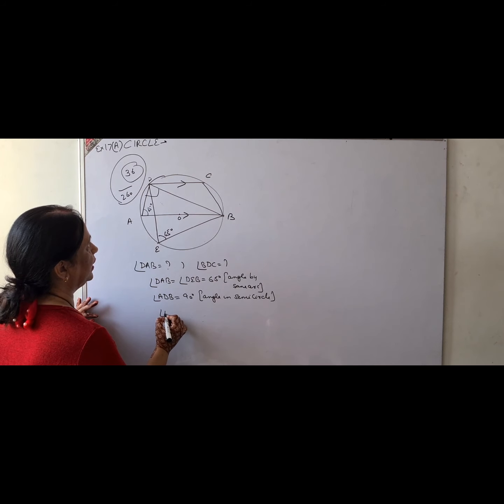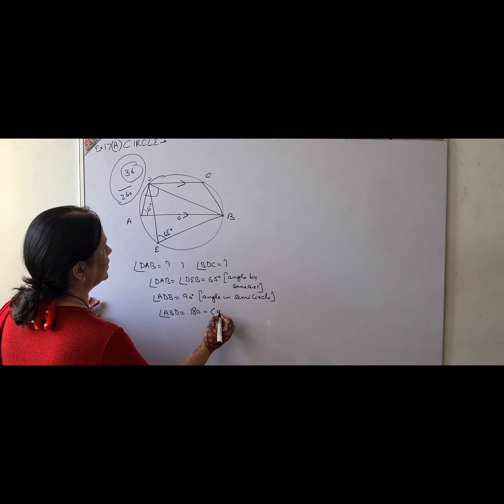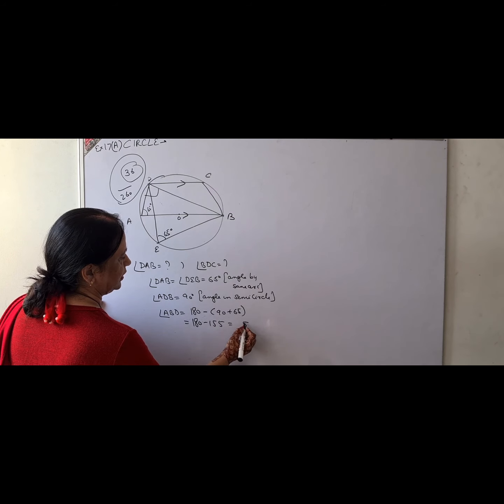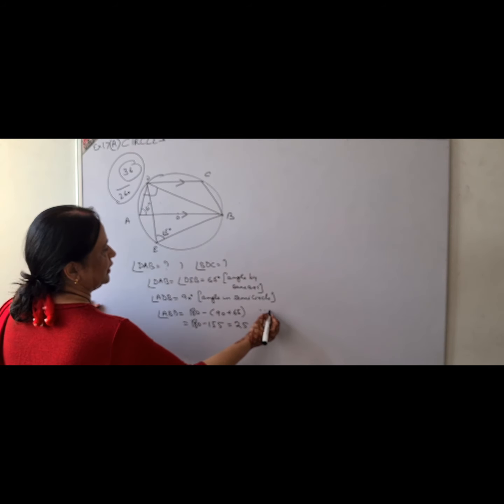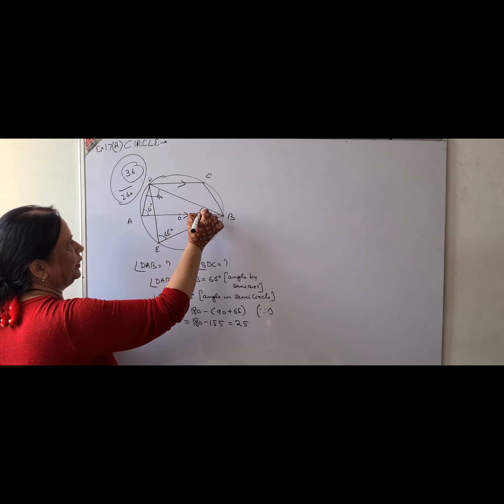Now angle ABD is equal to 180 minus (90 plus 65), which is 25. In the triangle, 180 minus (90 plus 65) will give you BAD.